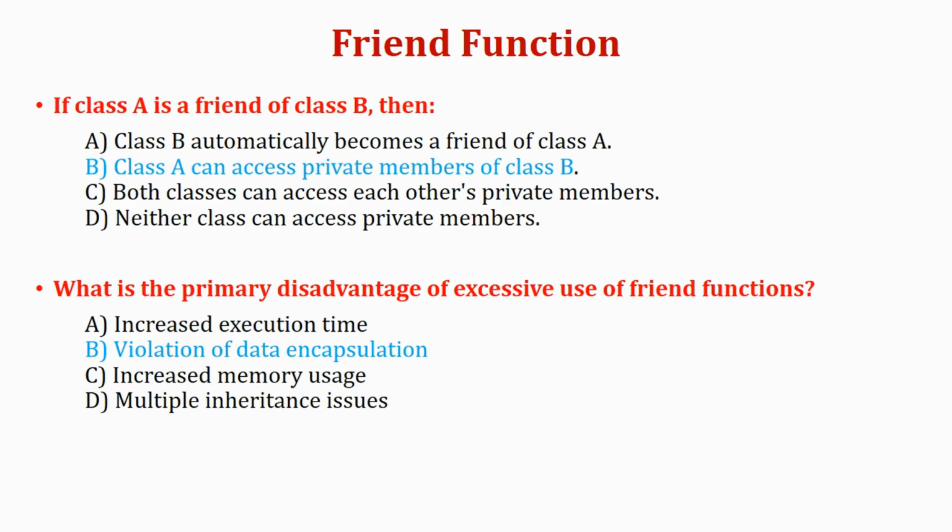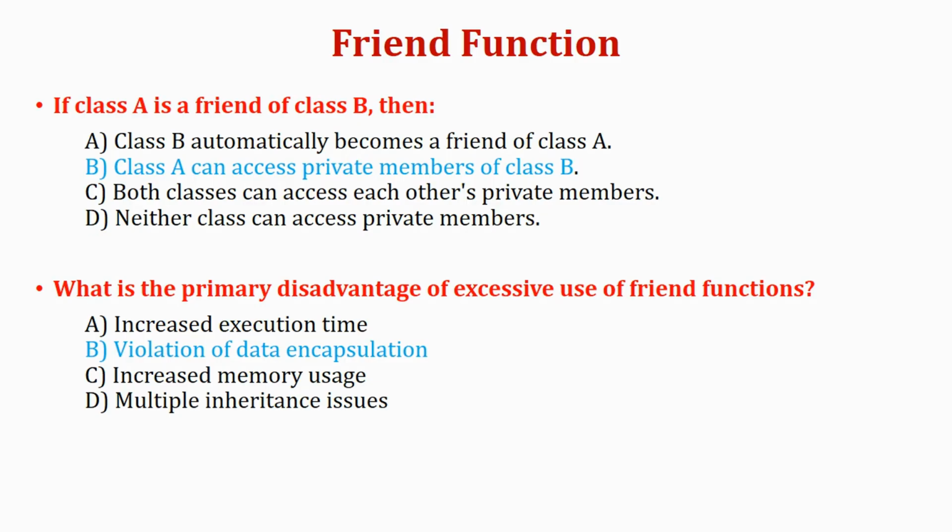What is the primary disadvantage of the friend function here? Four options are given: increase the execution time, violation of data encapsulation, increase the memory usage, multiple inheritance uses. The correct answer is the violation of data encapsulation. Already you know that data encapsulation means data hiding, right?